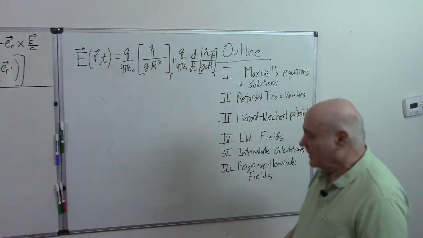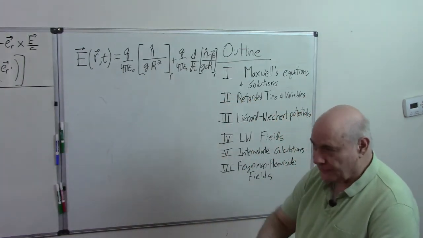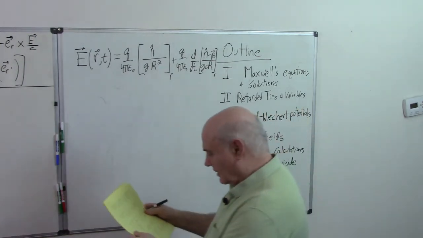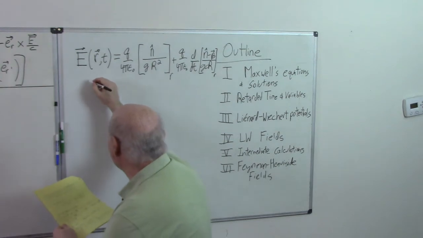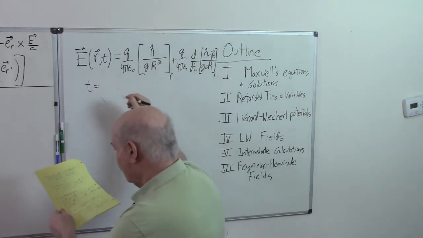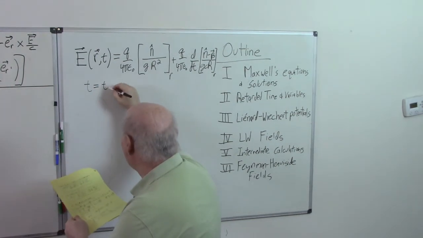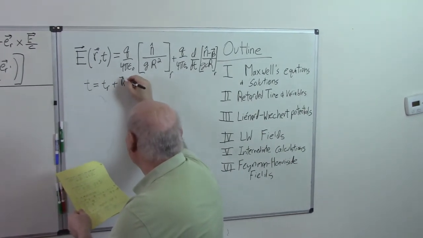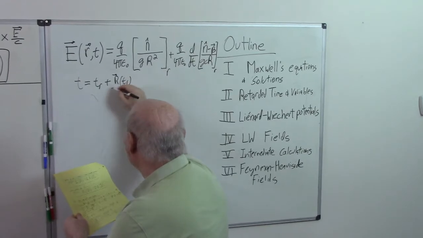To do that, first I want to derive some identities. We have the definition of the retarded time: t is equal to t_r plus R over c.